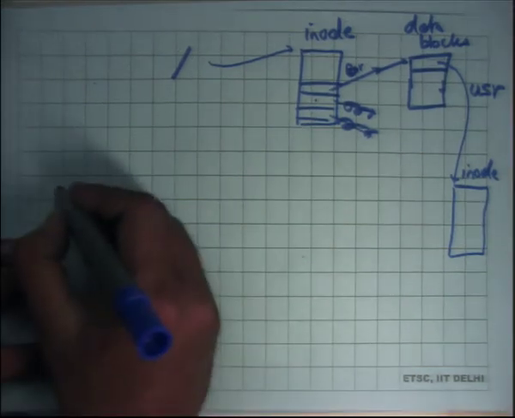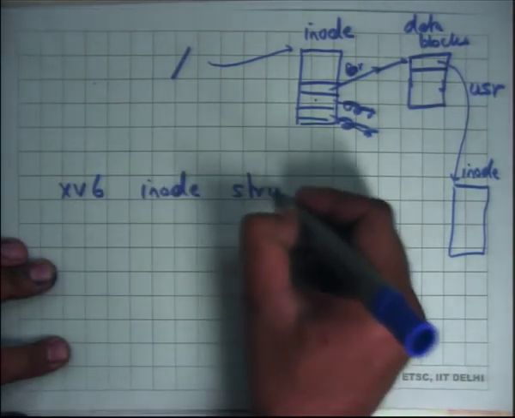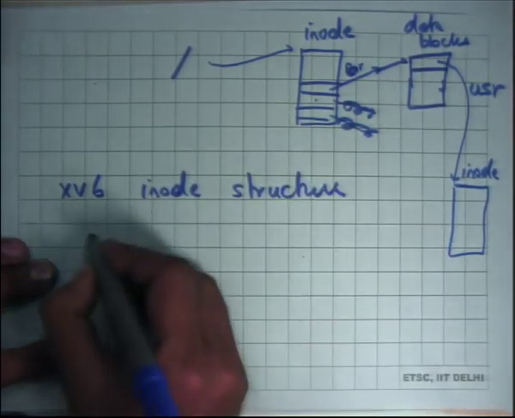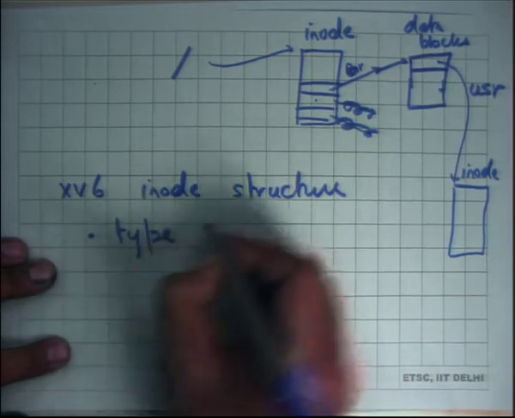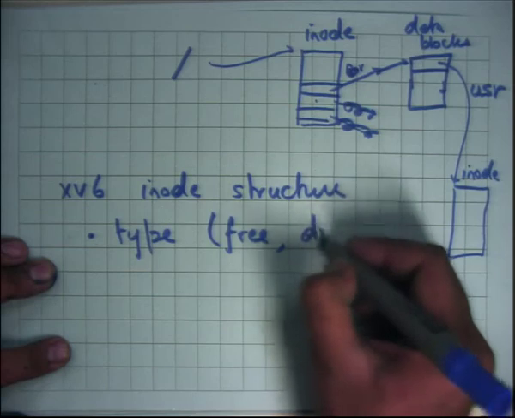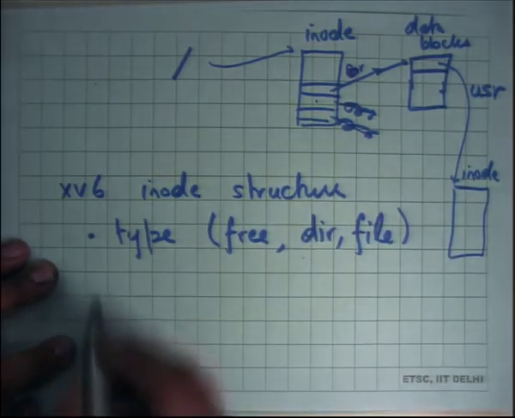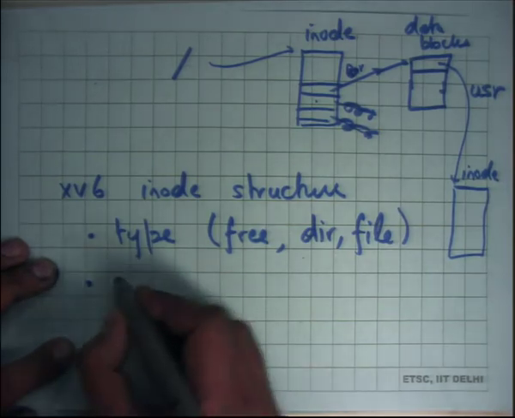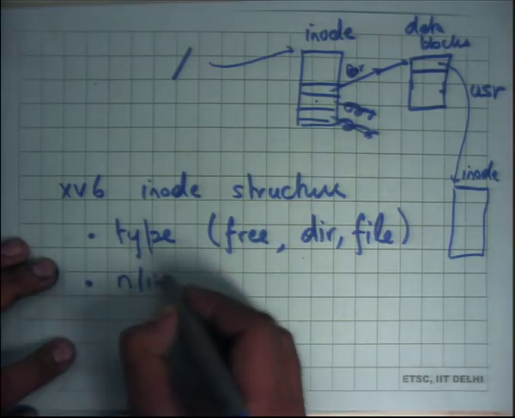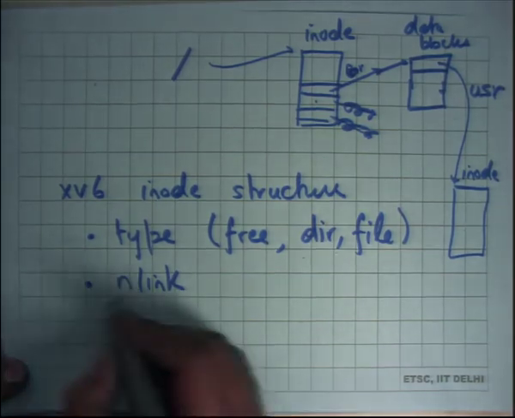So let's look at the XV6 inode structure in a little bit of detail. You have a type which says whether it's free or directory or file. You have nlink, which says how many inward links I have. What's the size?